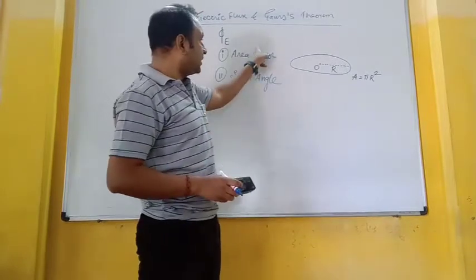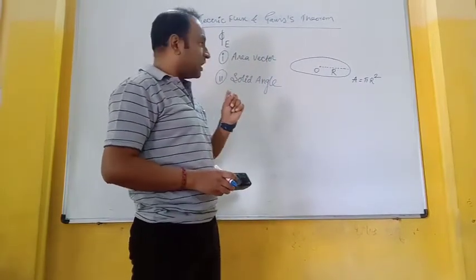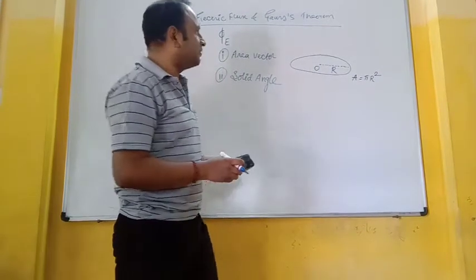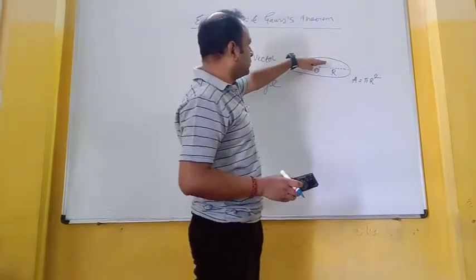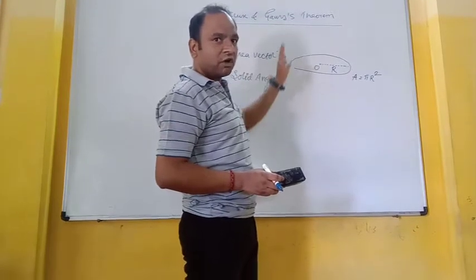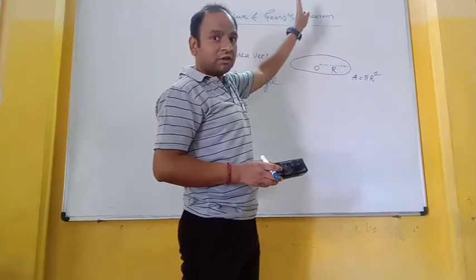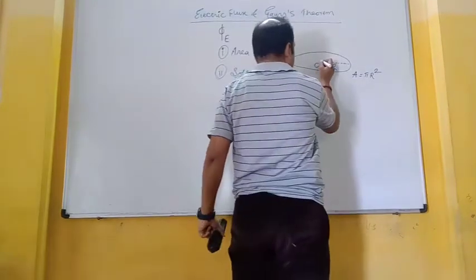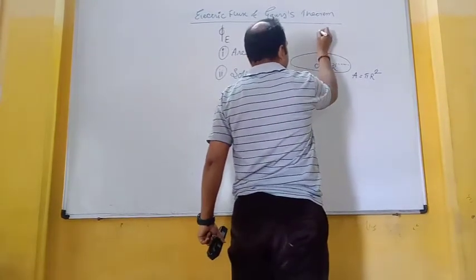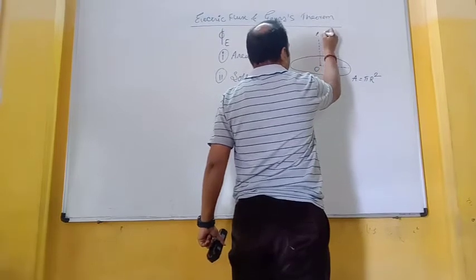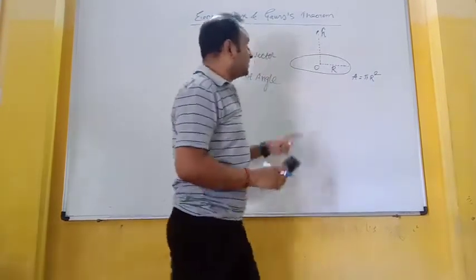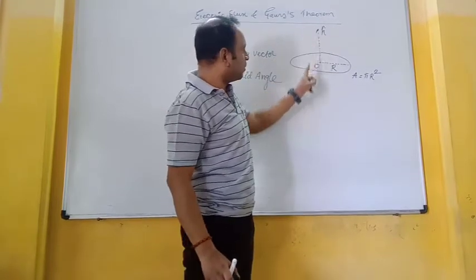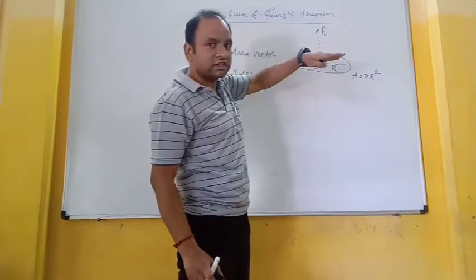But a vector quantity needs a direction also. So how to assign the direction to this area? For that, to the plane of this circle, we will draw an outward perpendicular. We also call it the outward normal. That outward normal drawn to this circle, I represent by n cap. This n cap is the unit vector which is normal to the plane of this circle.